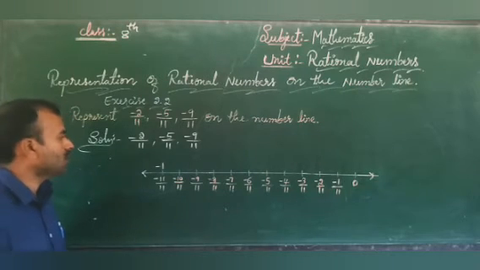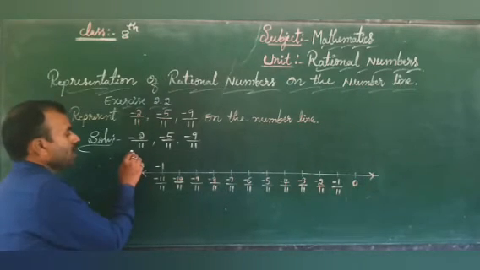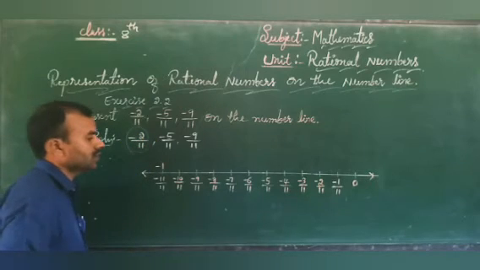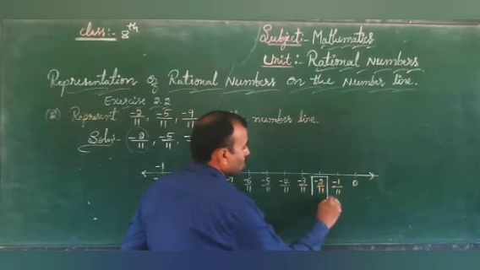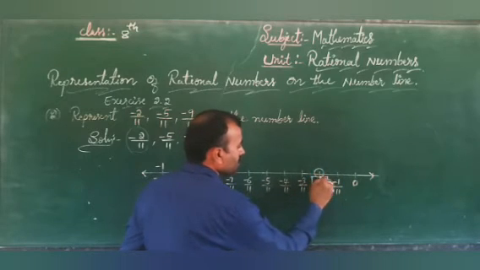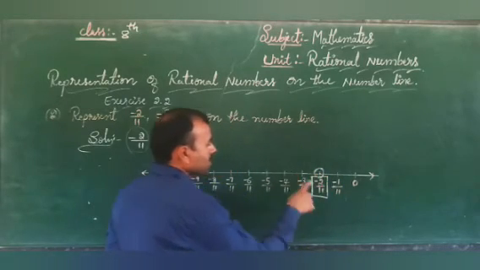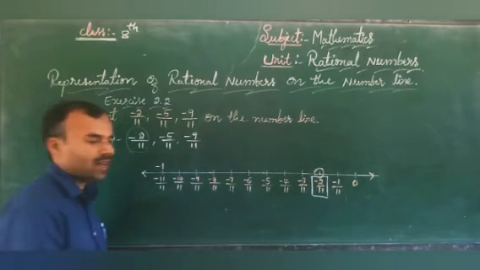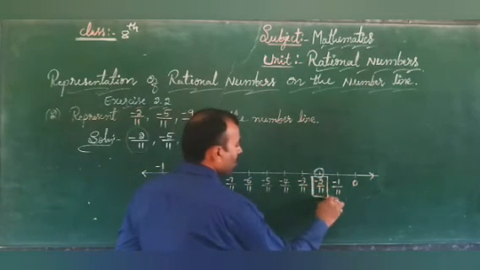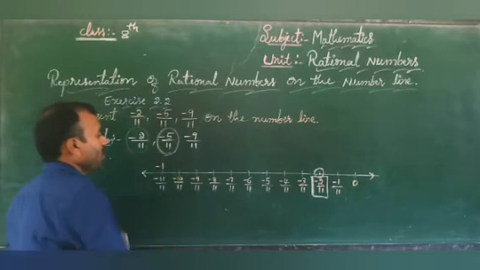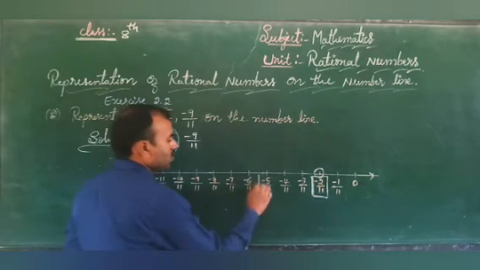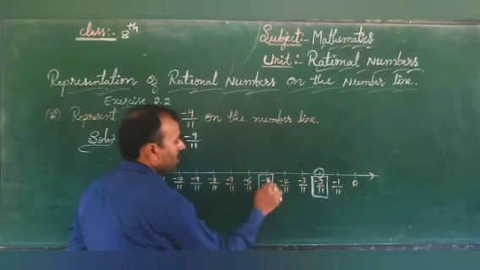Okay, we want the numbers minus 2 by 11. Here it is. Yes, minus 2 by 11. This point indicates minus 2 by 11 on the number line. Next, minus 5 by 11.